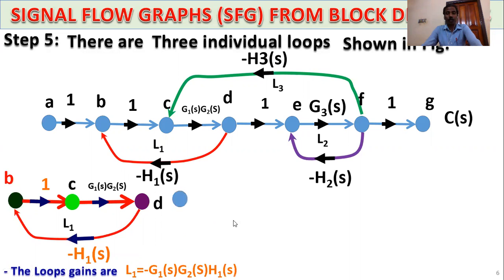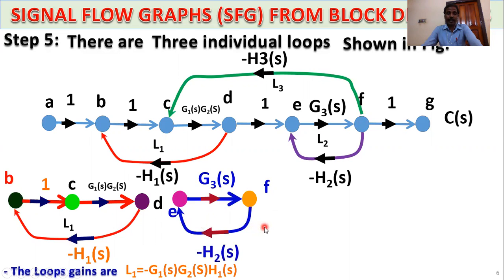Then the second loop, starting from the E node, with branch gain G3(s). This is the F node, and this is feedback minus H2(s), loop L2. The loop gain of L2 is G3(s) into minus H2(s), or minus G3(s)H2(s).